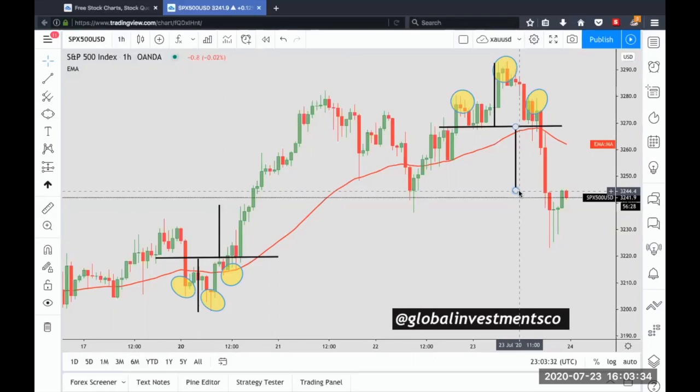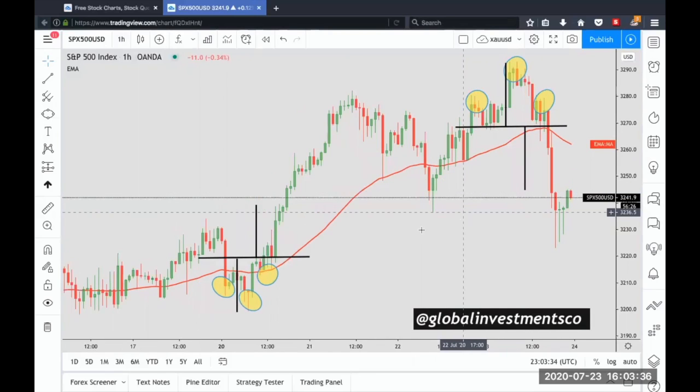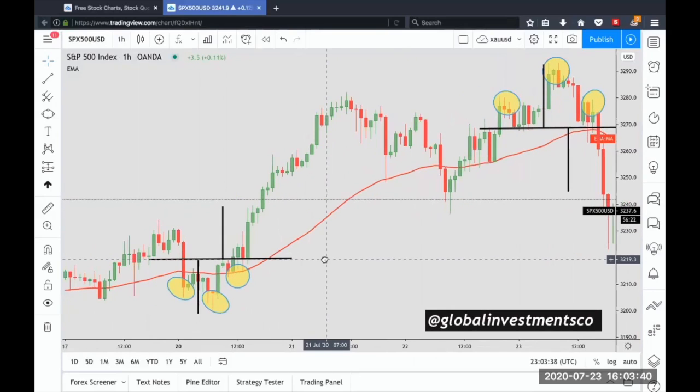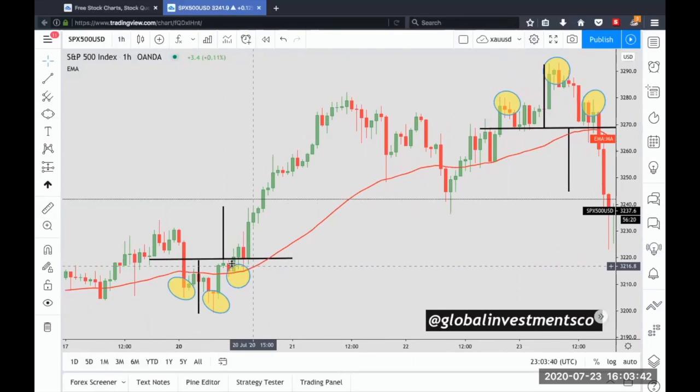So on the example to the left side, we got an inverse head and shoulders, which would set us up for the buy. So once that left shoulder is made, and then it makes that lower high, then it makes the head formation. We're not always going to get in here automatically.